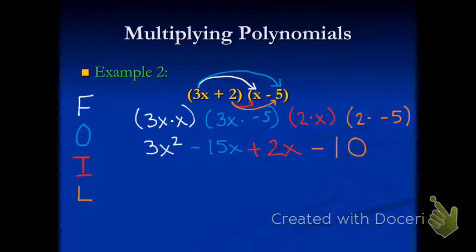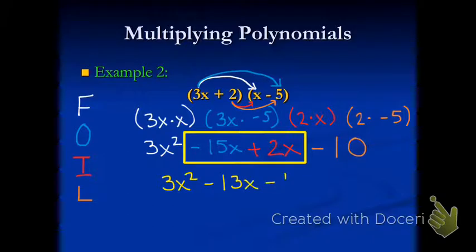Do we have any like terms? If you look in the middle, you see the negative 15x and the positive 2x. Those are like terms. So in our final step, we're going to simplify everything. We have 3x squared, and then negative 13x, and then minus 10. And again, we have effectively multiplied both of these polynomials using the FOIL method or the distributive property.